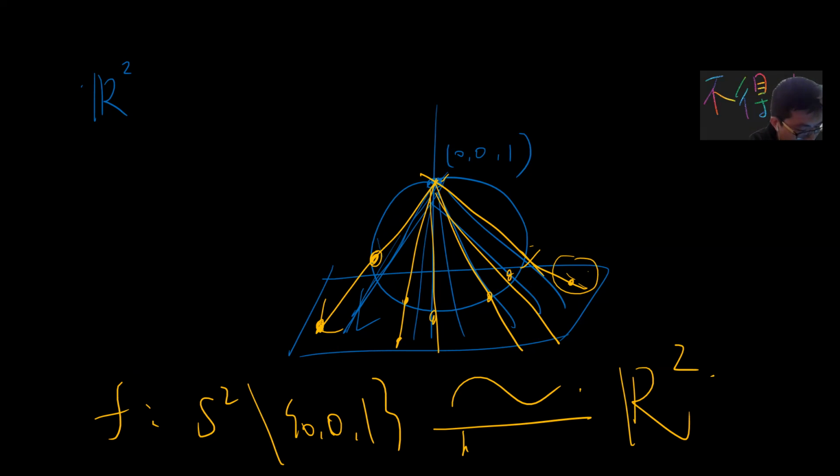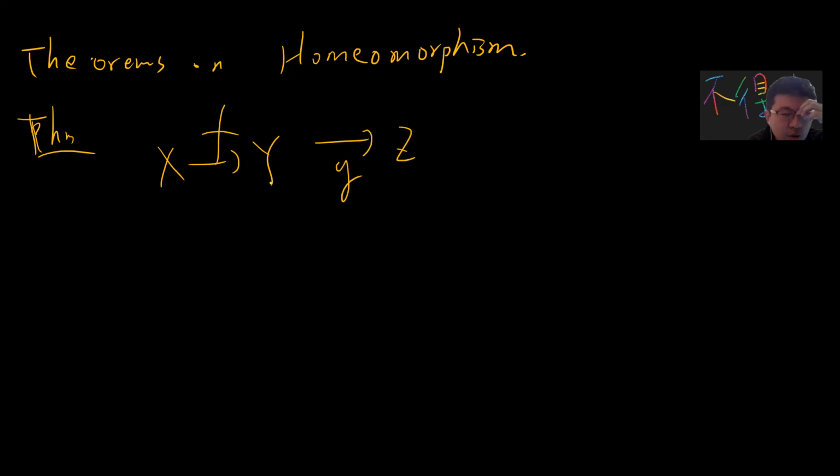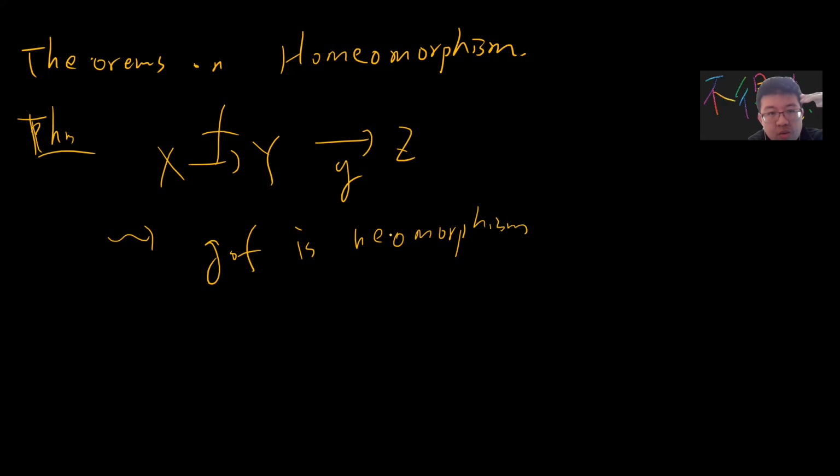Okay, so let me say something about the theorem about homeomorphism, and we can finish this video. So theorems on homeomorphism. What I'm saying is that let's say you get some homeomorphism f from X to Y, and another homeomorphism g from Y to Z, and then you can check that g circle f is also a homeomorphism. The proof is almost trivial, because this is a one-to-one onto bijection.